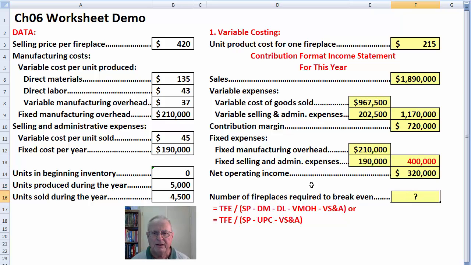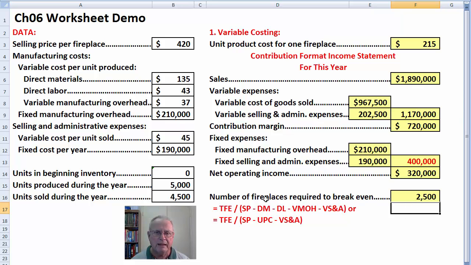Now, the question down here is how many fireplaces are required to break even? And I've given you a couple of easy ways to do this. Let's take this $400,000 and we're going to divide it by, put the brackets in, that number minus this number minus this number minus this number minus that number, another bracket, and we have 2,500 units.